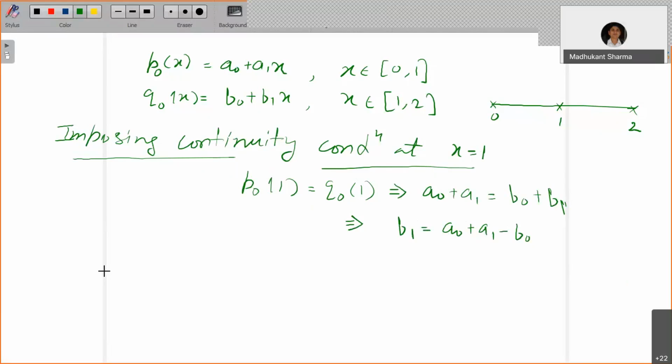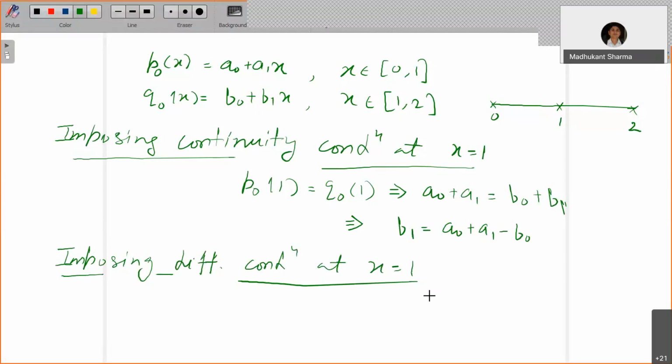Okay, now if you further impose the smoothness here, so first-time differentiability, so you are imposing the differentiability condition at x equals 1. What that means is p0'(1), where the dash stands for the derivative, equals q0'(1).